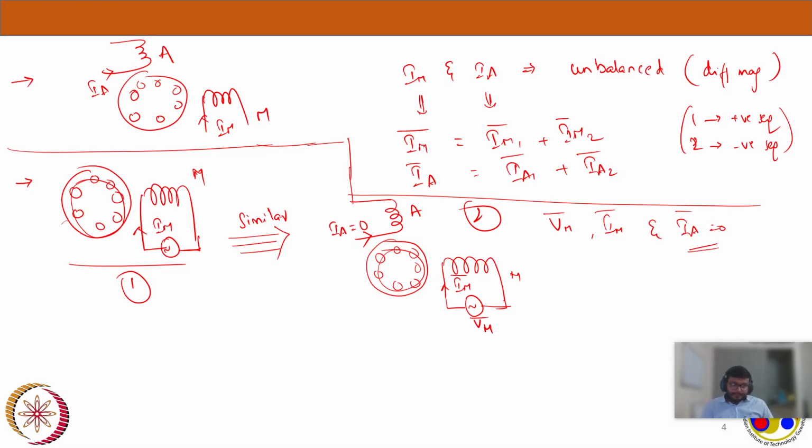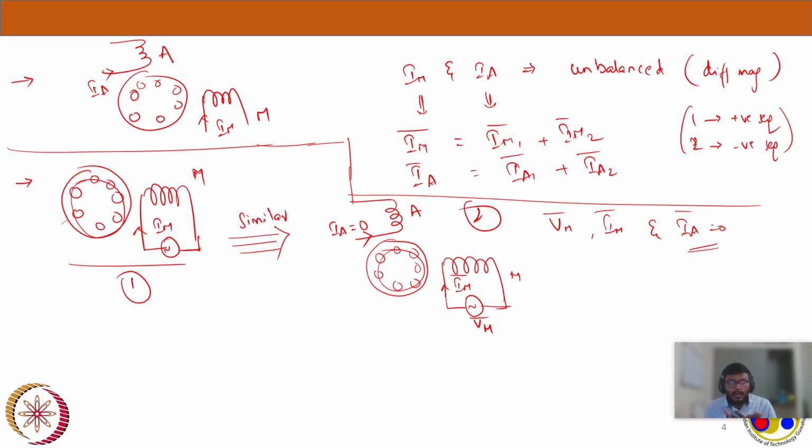So I can say this is like a balanced two-phase motor with two windings, main winding and auxiliary winding, because I have given two windings and I am assuming both are placed in quadrature at 90 degrees. I can say this is like a balanced two-phase system. My main winding is carrying current IM.